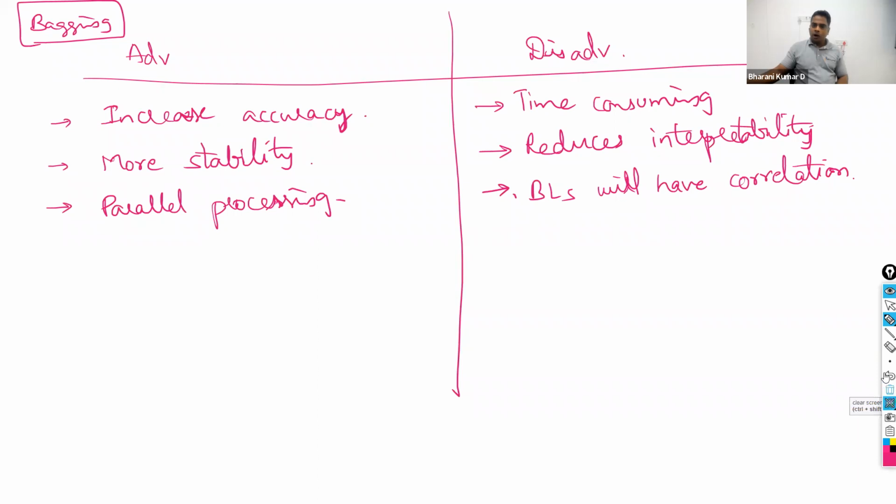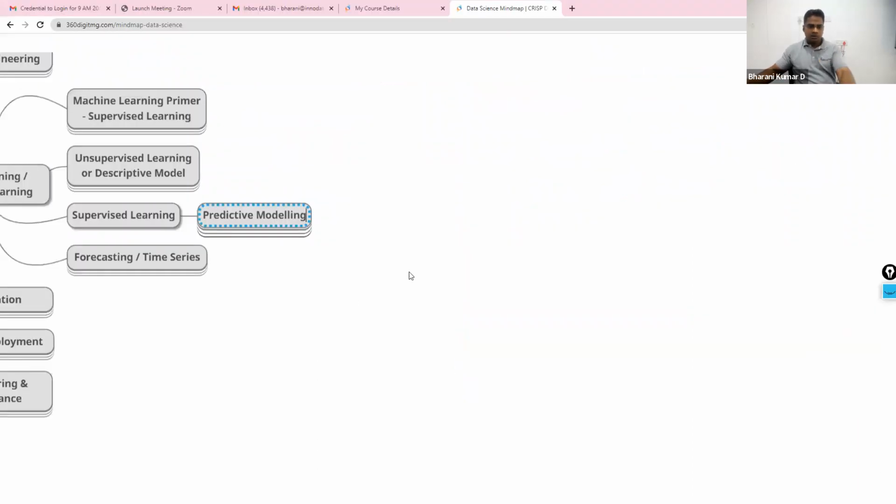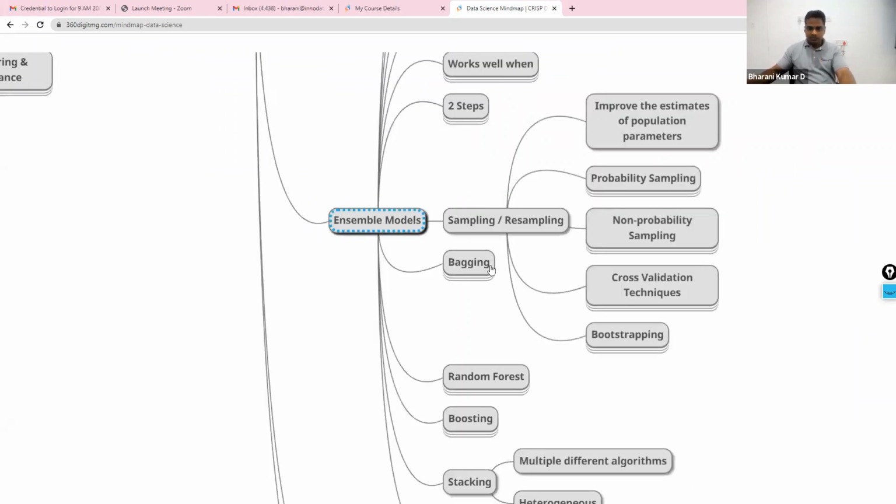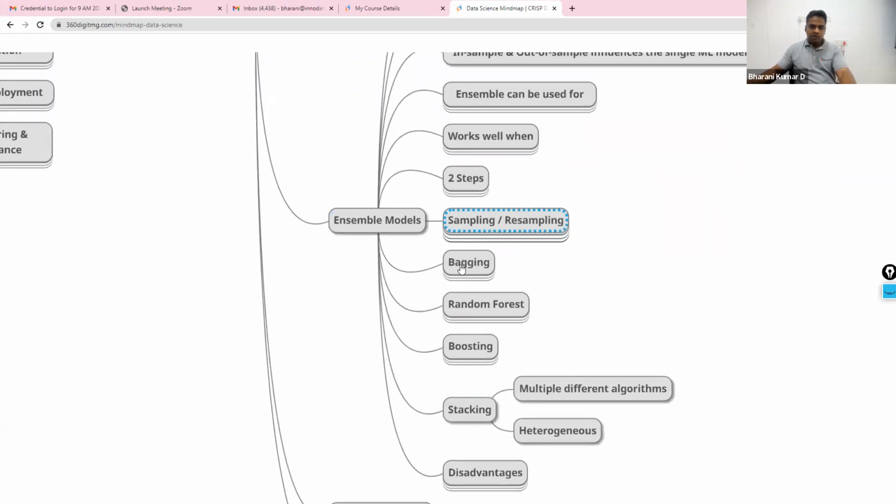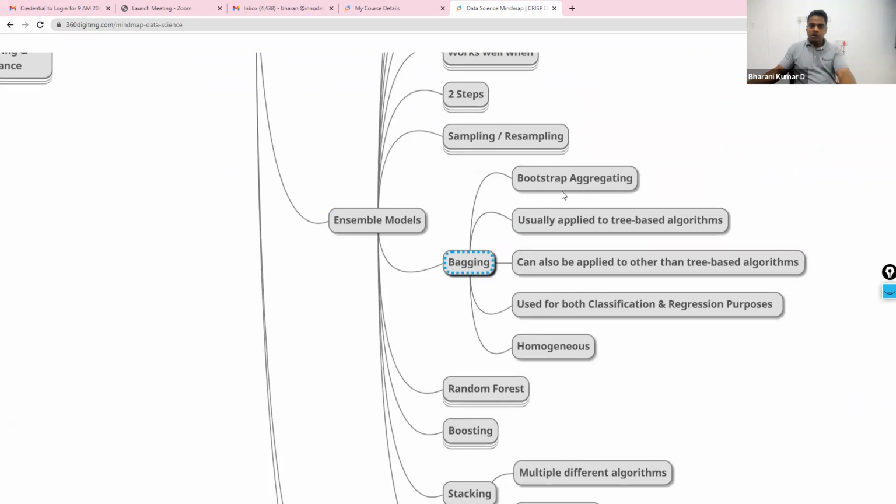All right. So to counter this, we have a technique which is called random forest. So we are done with bagging, my dear friends. Bagging is bootstrap aggregating. Usually it is applied to tree-based algorithms. Another thing. You have tree-based algorithms, non-tree-based algorithms.